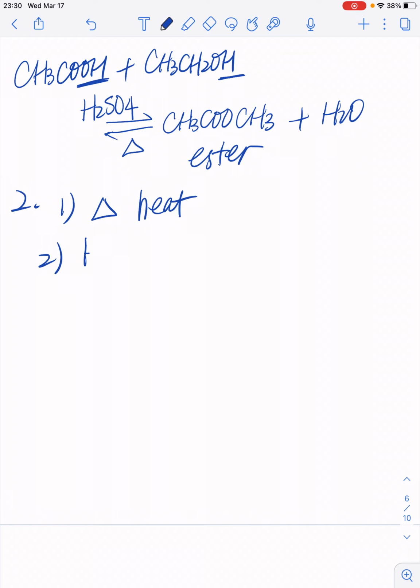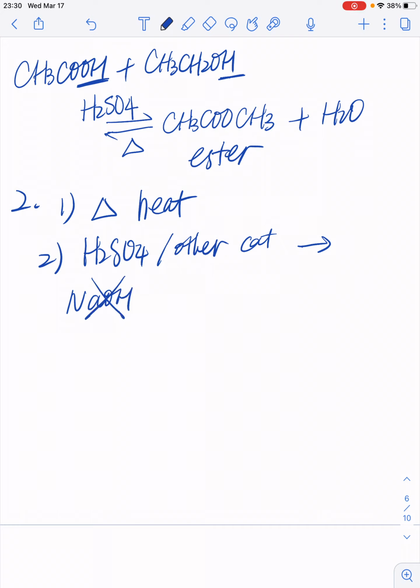I can either use sulfuric acid or other catalyst to help push the reaction to the right. Would sodium hydroxide work? Nope. That's actually the reagent you use for saponification reaction, to push the reaction to the left, right? So, nope.